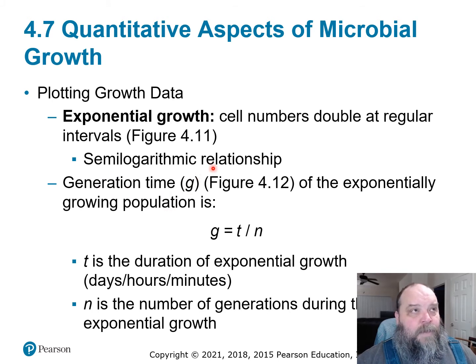The increase in number of cells divided by time is a means of telling you what the generation time is. How long did it take you to go from 1 to 2, 2 to 4, 4 to 8? These are things we like to be able to discuss and compare between bacterial species, between bacterial genuses.